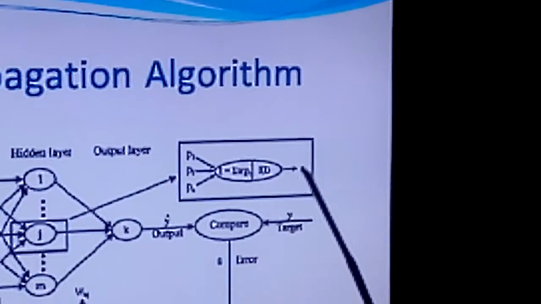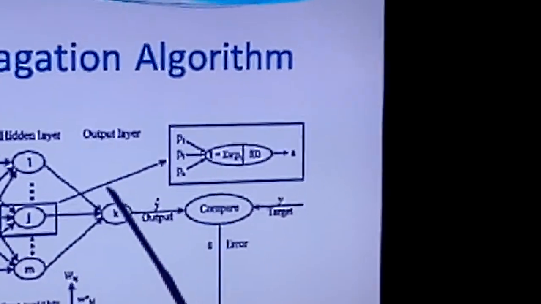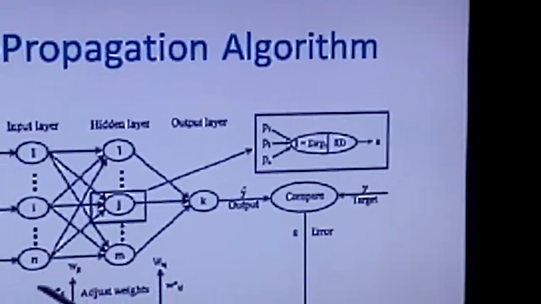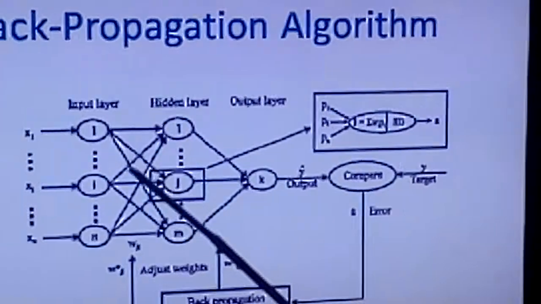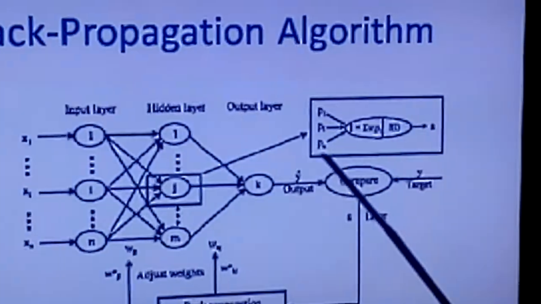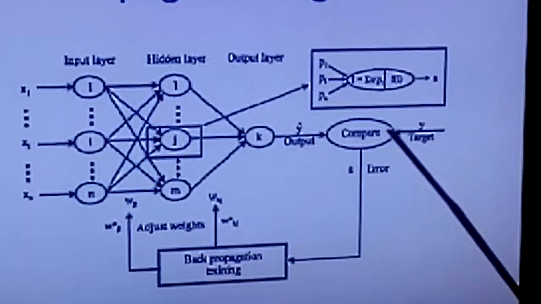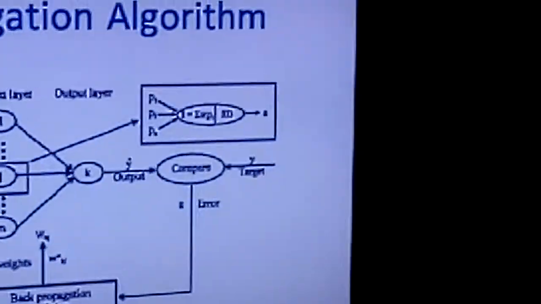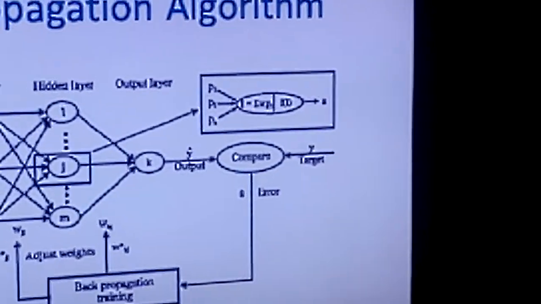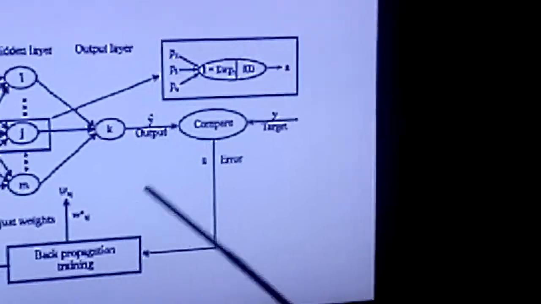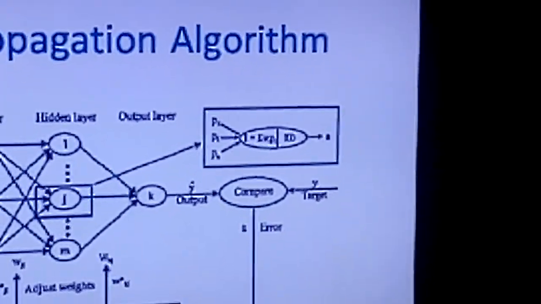So they push the error from output to hidden and hidden to input layer. Again, the input layer does the previous process and produces the predicted output, and again we calculate the error. We do this process until the error rate is minimum, and this is the backpropagation algorithm.